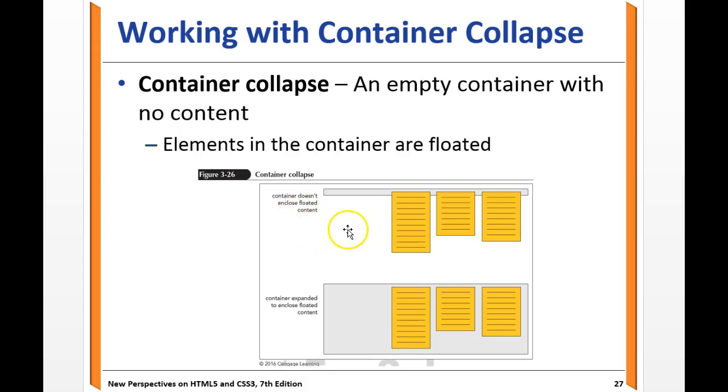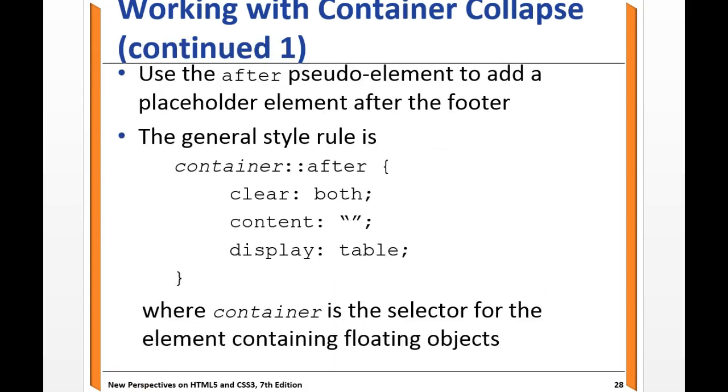So how do we work with container collapse? In your layout, you want the container to expand to surround all of its floating content, so you want something like this. What we would do is use the after pseudo-element to add a placeholder element after the footer.